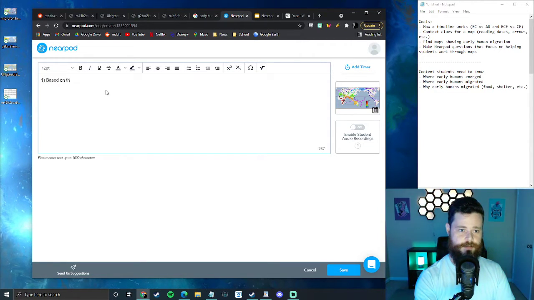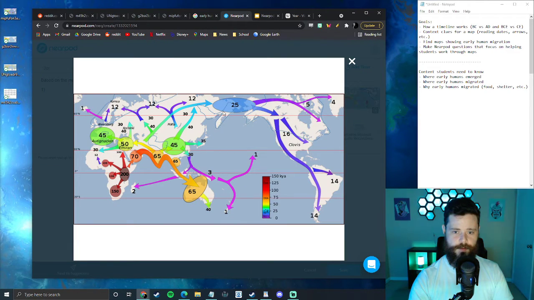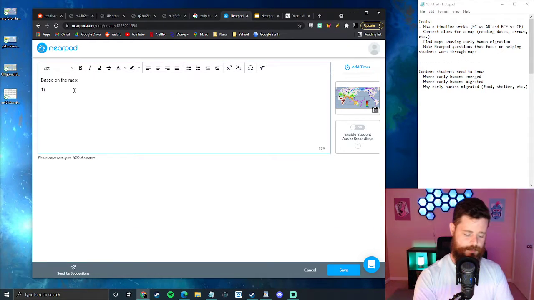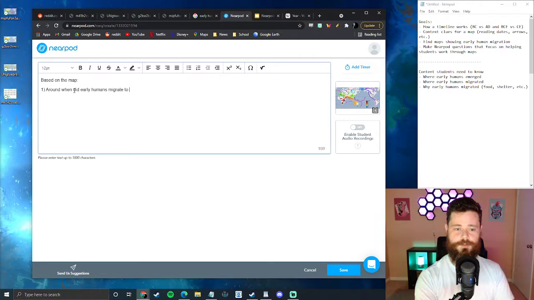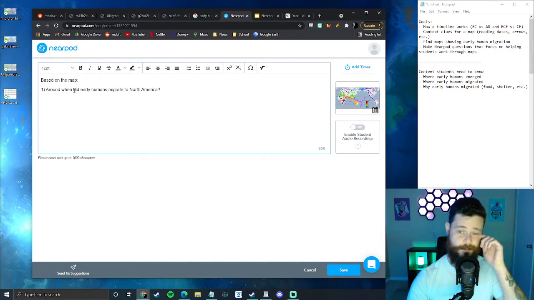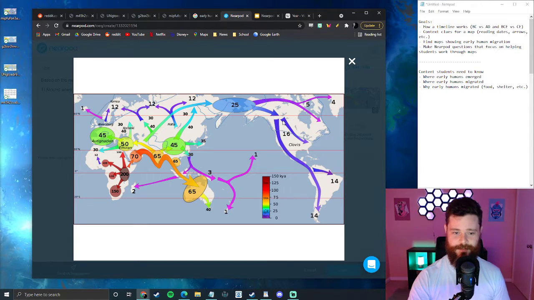So based on the map, when did, okay, I'm going to put this: around when did early humans migrate to North America? That's probably the most recognizable continent to a lot of them, maybe.